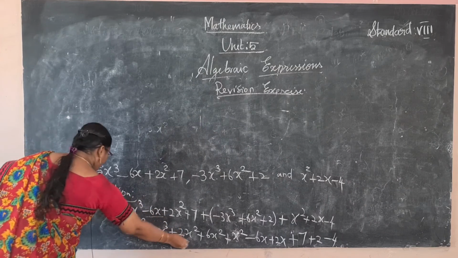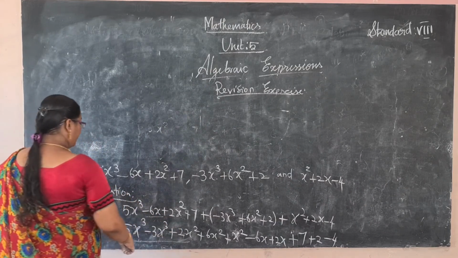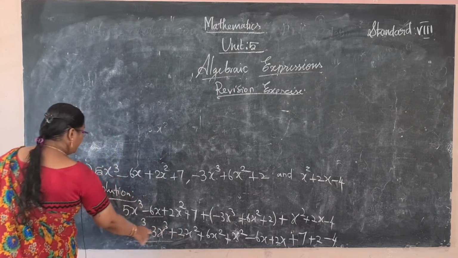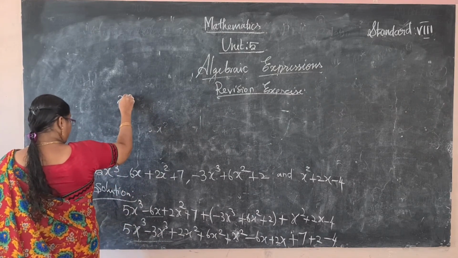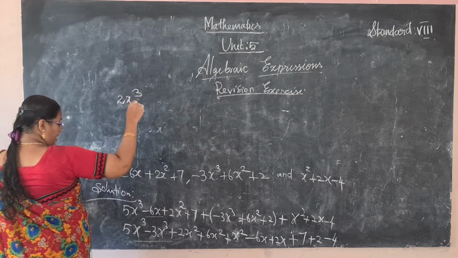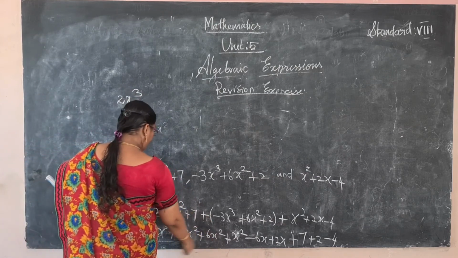So simplify the x cube term first. 5 minus 3 is 2x^3.